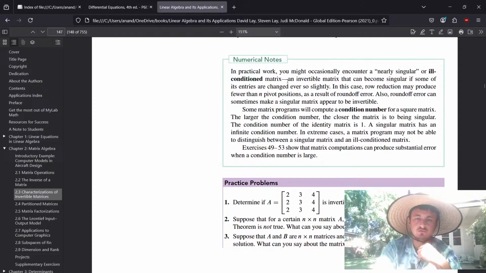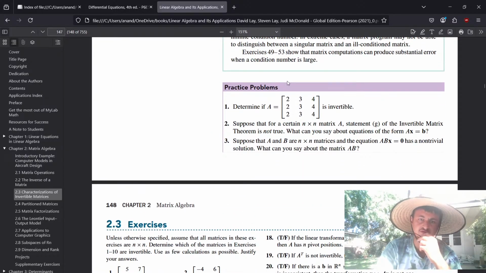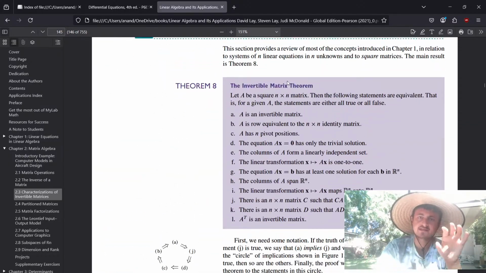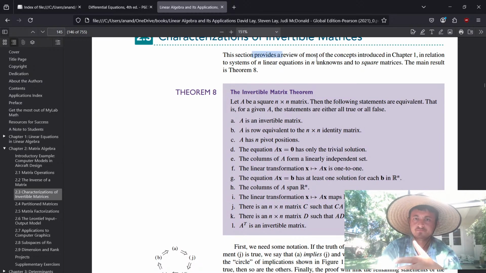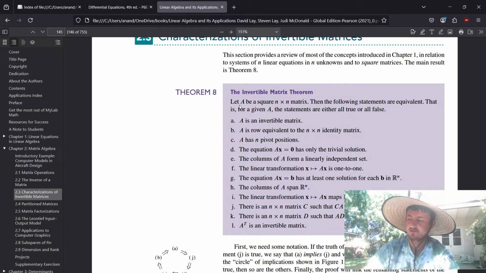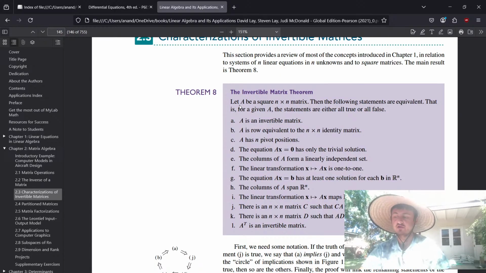This whole section is about invertible matrices, but particularly it's tying together so much of what came in chapter 1. And that's the thing about linear algebra: there's about 1,000 ways to say the same thing, is what I've sort of come to conclude.